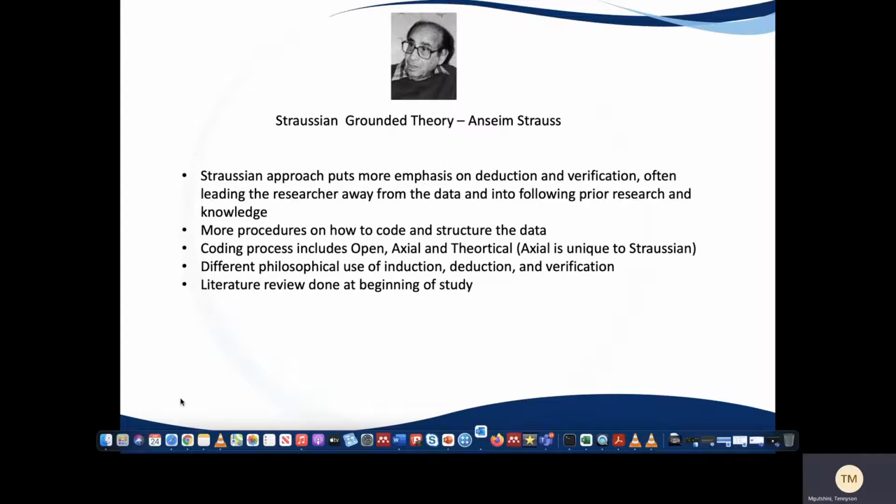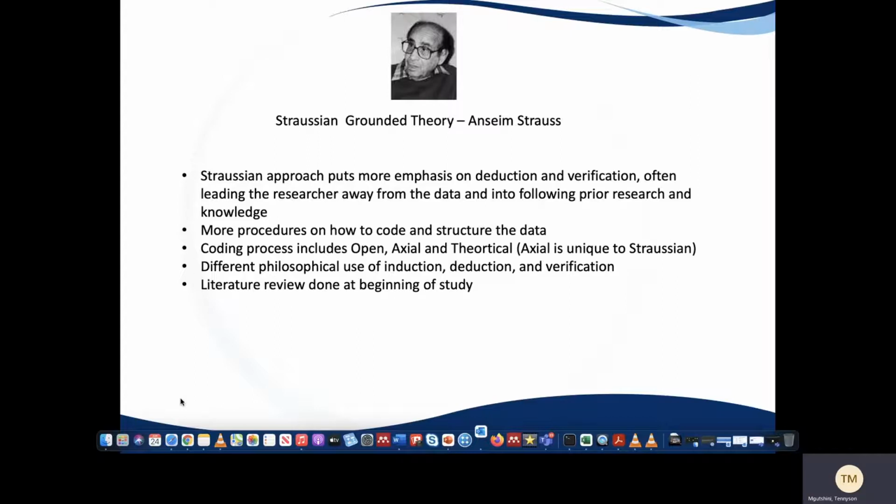In the Straussian type of grounded theory, the view is that as you come across the data, you become more clear about how this data relates to prior research and what theoretical positions exist. And as you proceed more, you focus less on the data that is emerging, but more on the prior research that relates to what you thought you were seeing and prior knowledge, and so forth.